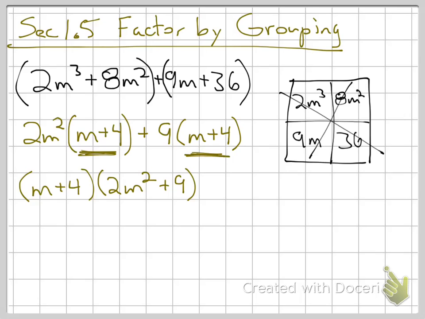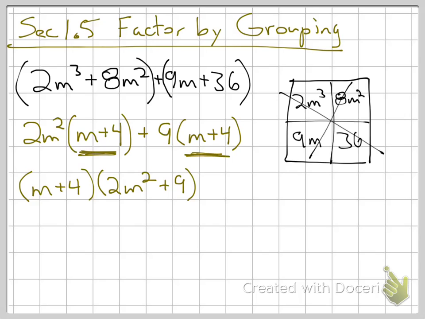So we basically factor 2 times, or 3 times. We factor out of the first 2. We factor out of the last 2. This will be in common, m plus 4. It won't always be m plus 4, but these will be the same. If they're not, you didn't do it right, or it doesn't factor.